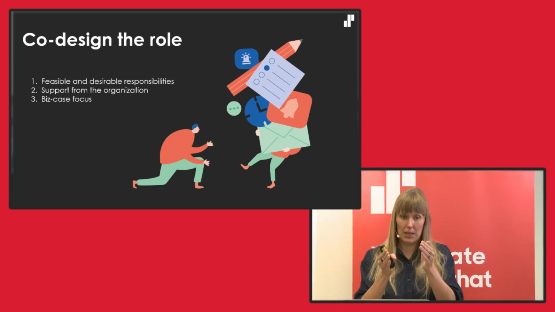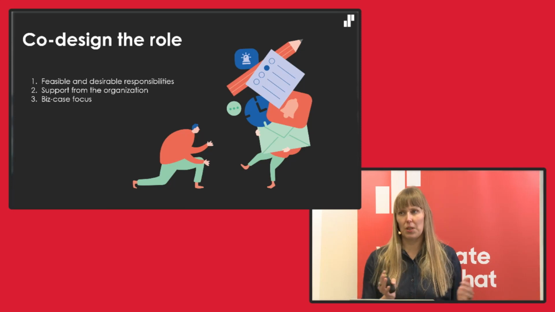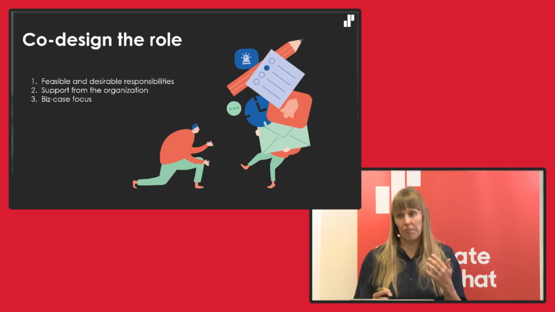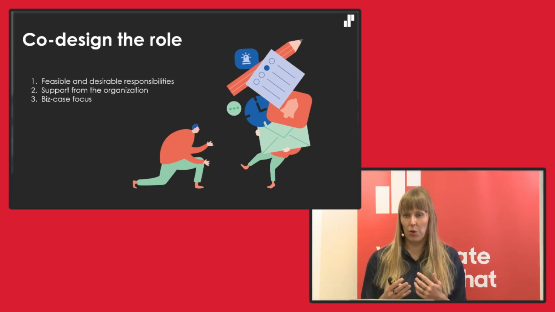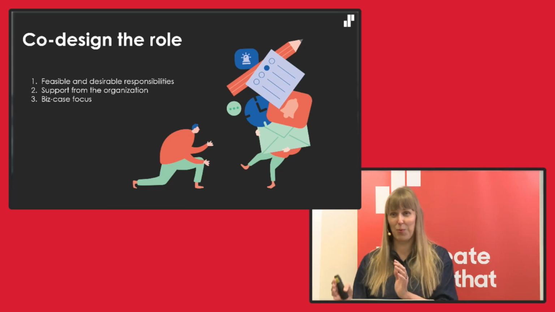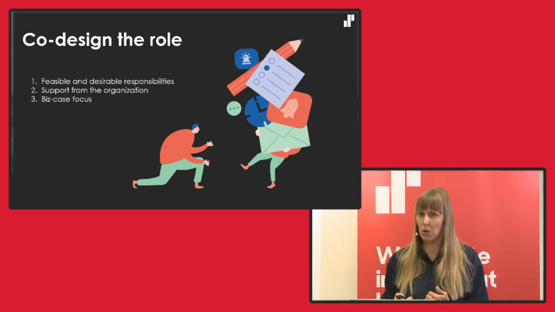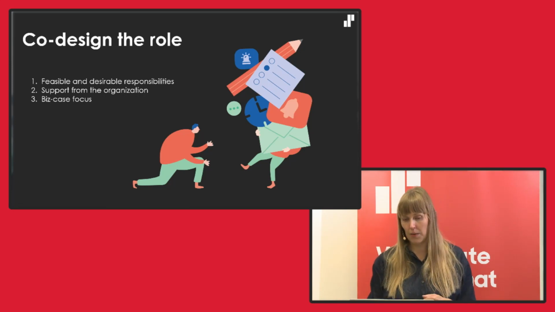Not this is the core, but I could do this, maybe I want to do this. Understanding what a person in your case could do, and then at one point you would have a nice job description that you can put online, like we are searching for data product owners, but it should really be based on your context.